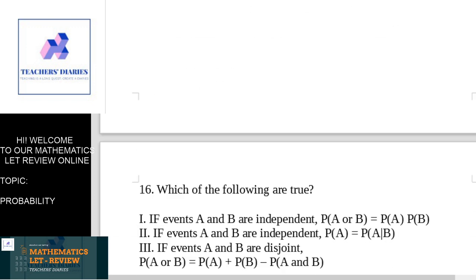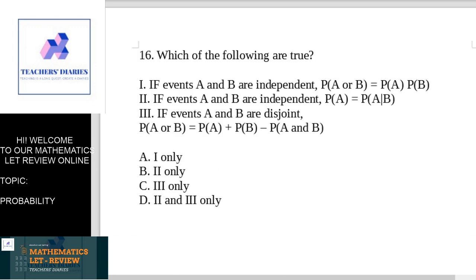Next, number 16. Which of the following are true? Statement 1. If events A and B are independent, P of A or B is equal to P of A multiplied to P of B. Statement 2.